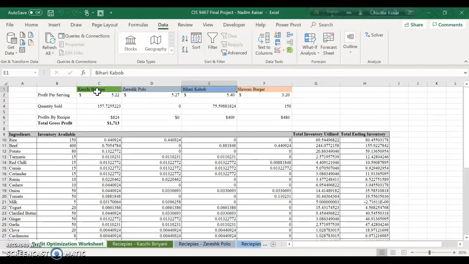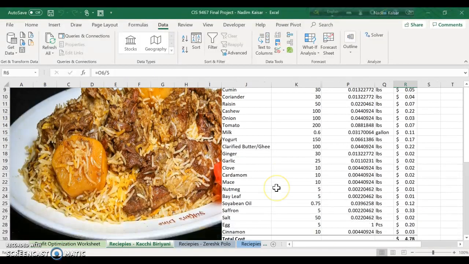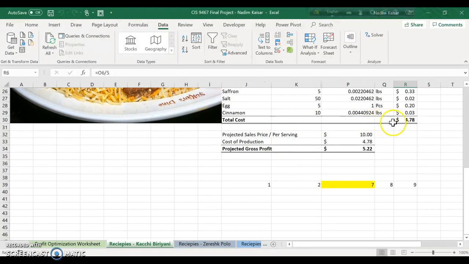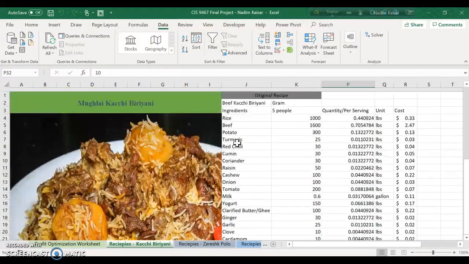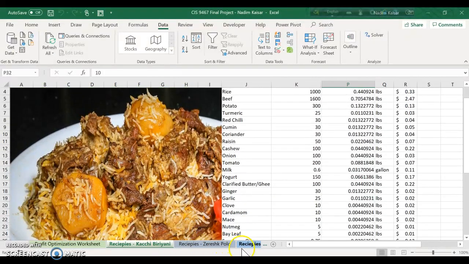If you see, the profit per serving is pulling from each of these individual recipe tabs. I have calculated the total cost of preparing the dish for one person, and my projected price is like $10 for the kachi biryani.